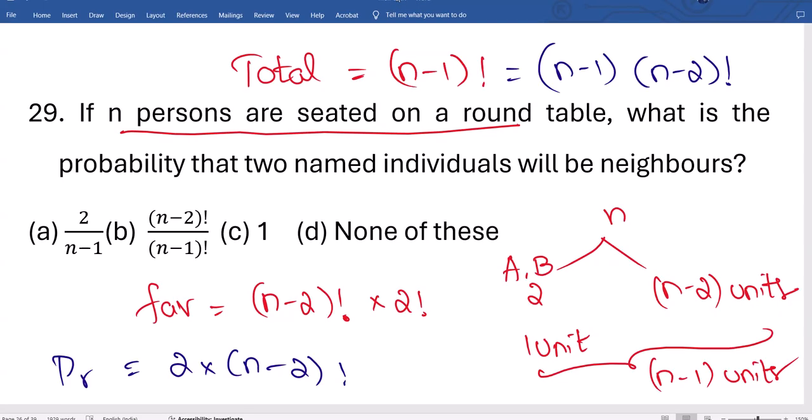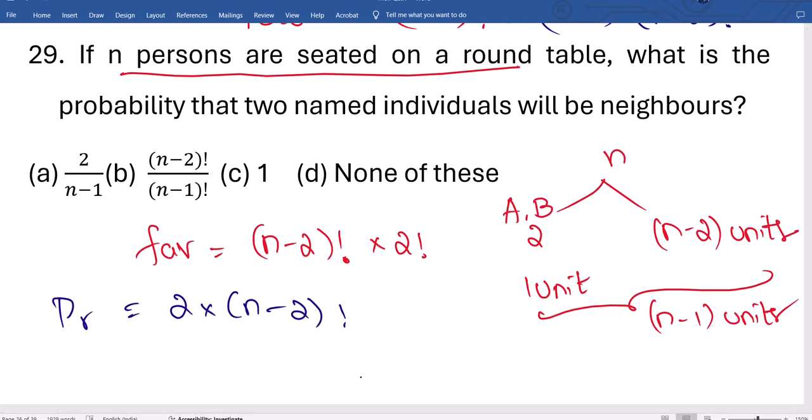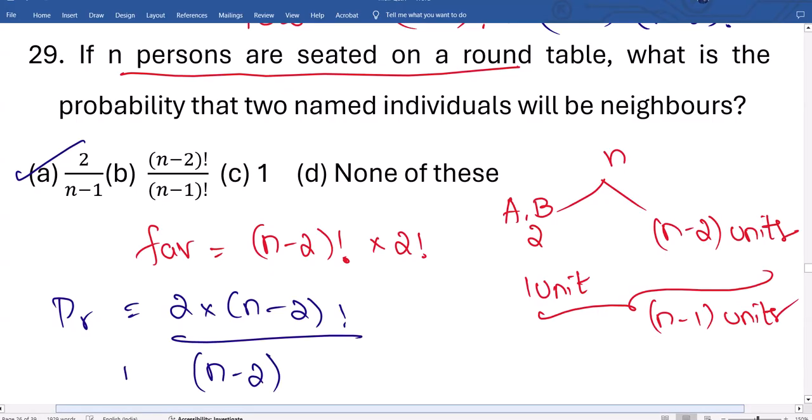Now the n minus 2 factorial will get cancelled. So 2 divided by n minus 1, that's what option A is correct.